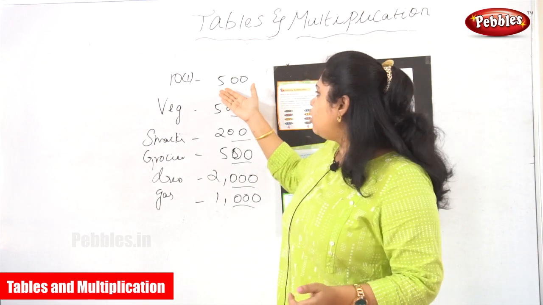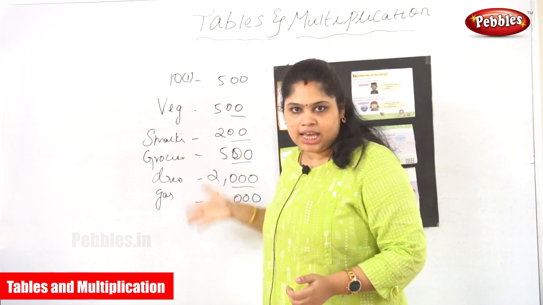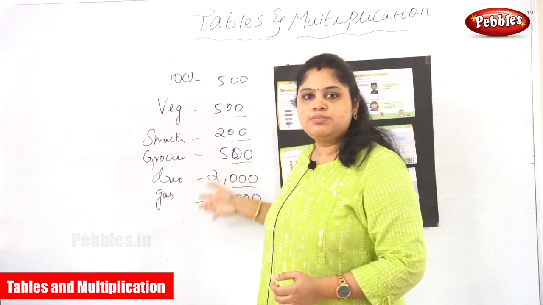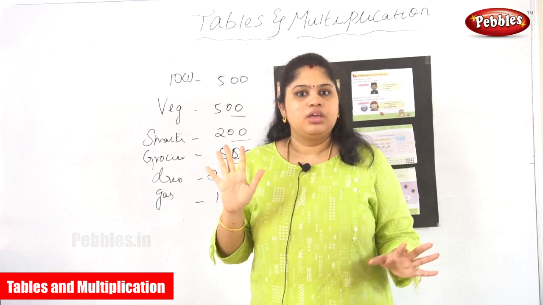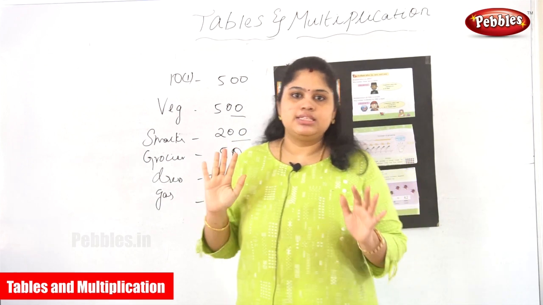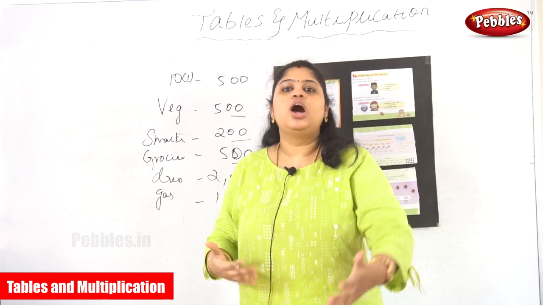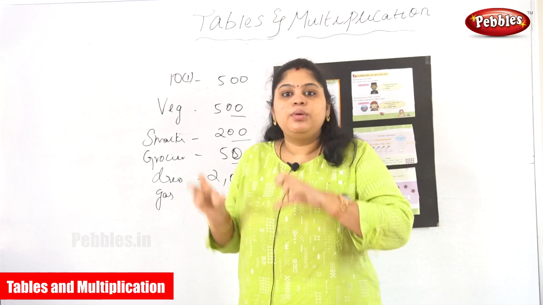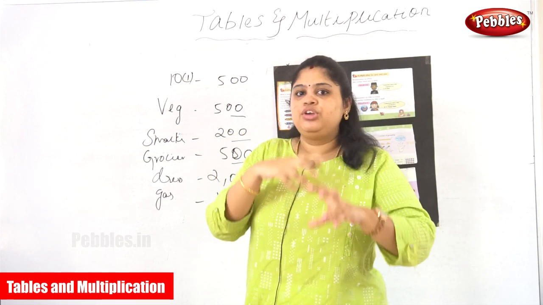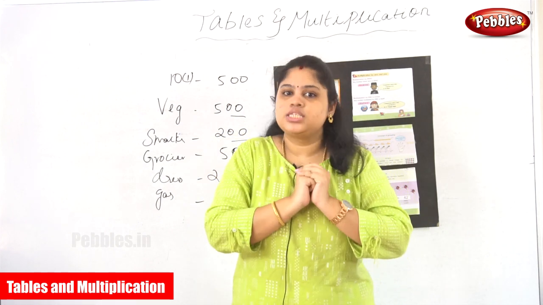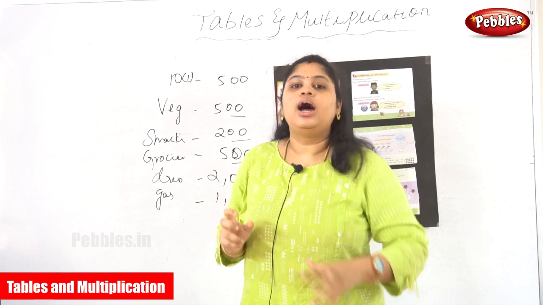Instead of adding 500 ten times, I am going to multiply a single time. This is the easiest way to show how multiplication helps where addition becomes difficult.